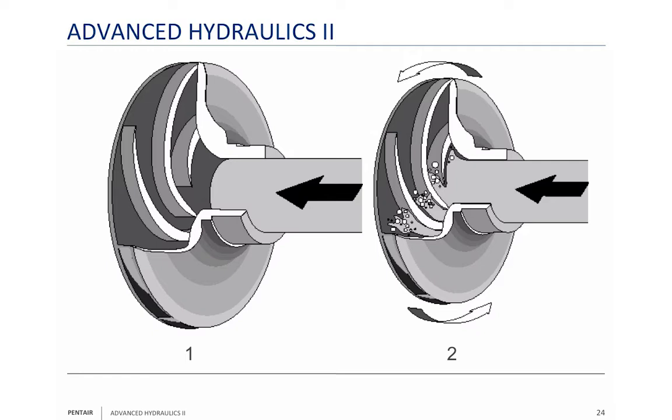We lower that pressure to the vapor pressure point of the water, and once we get the pressure down to the vapor pressure point of the water, we've got a problem. If you look at the impeller, you're going to notice at the eye of the impeller, the area is much smaller than at the periphery of the impeller. Now, what does it mean? Well, it means that as that area gets larger, according to Bernoulli, there's going to be more pressure.